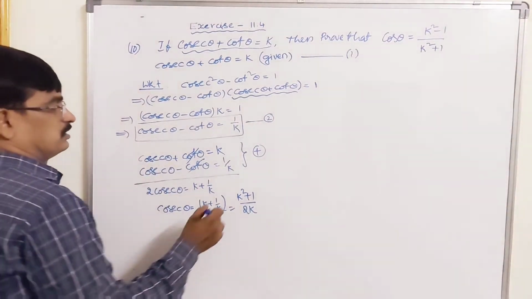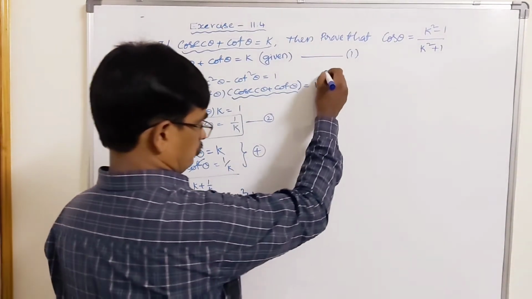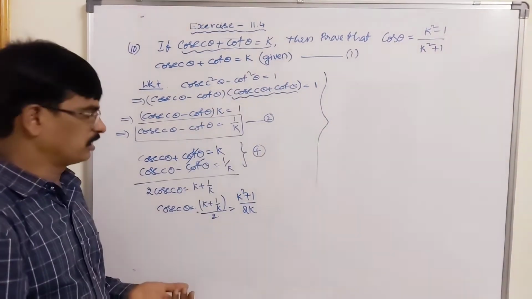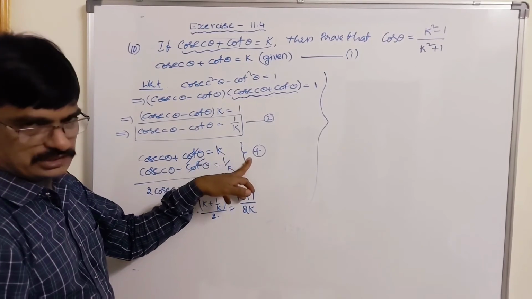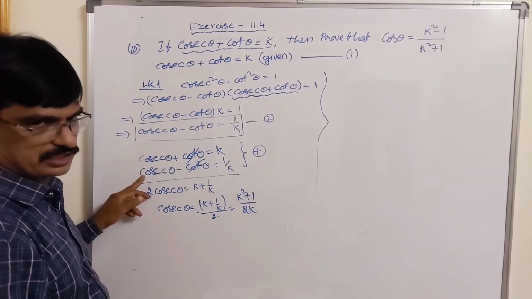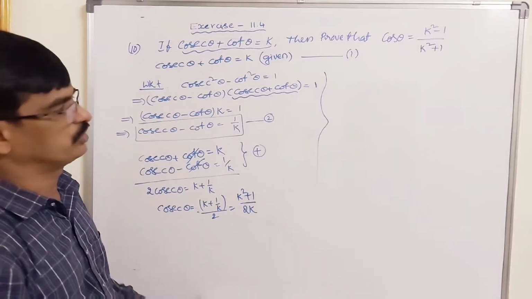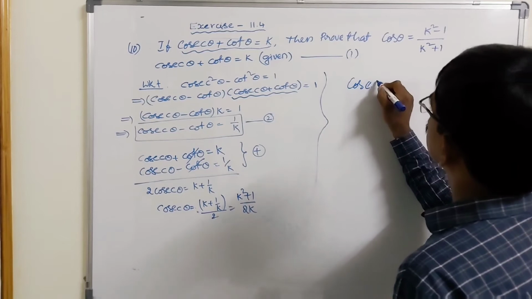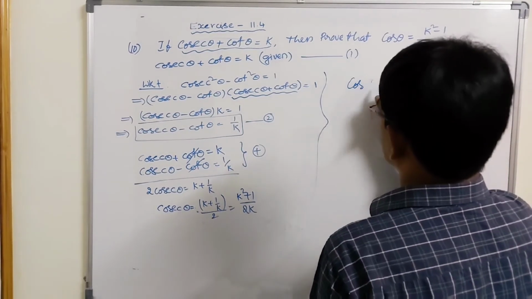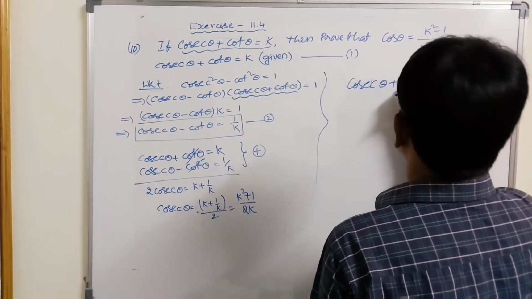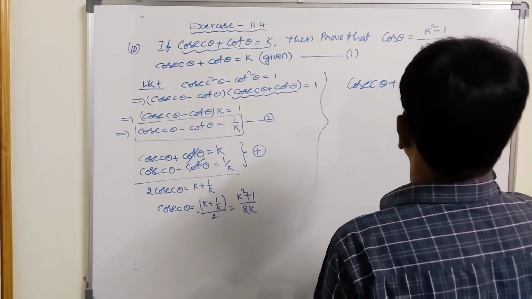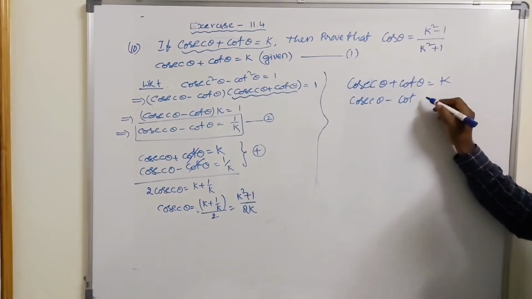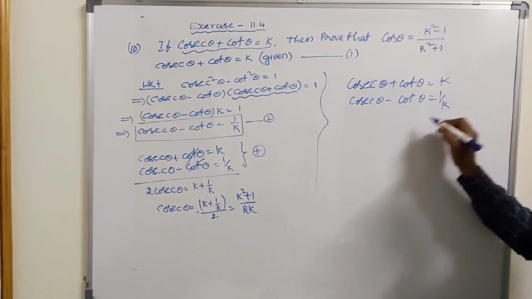Now we can replace this value in any one of the two equations. In the first case we added these two trigonometric equations. In the next case we can subtract one from the other. That is, cosecant theta plus cot theta is equal to k, cosecant theta minus cot theta is equal to 1 by k.